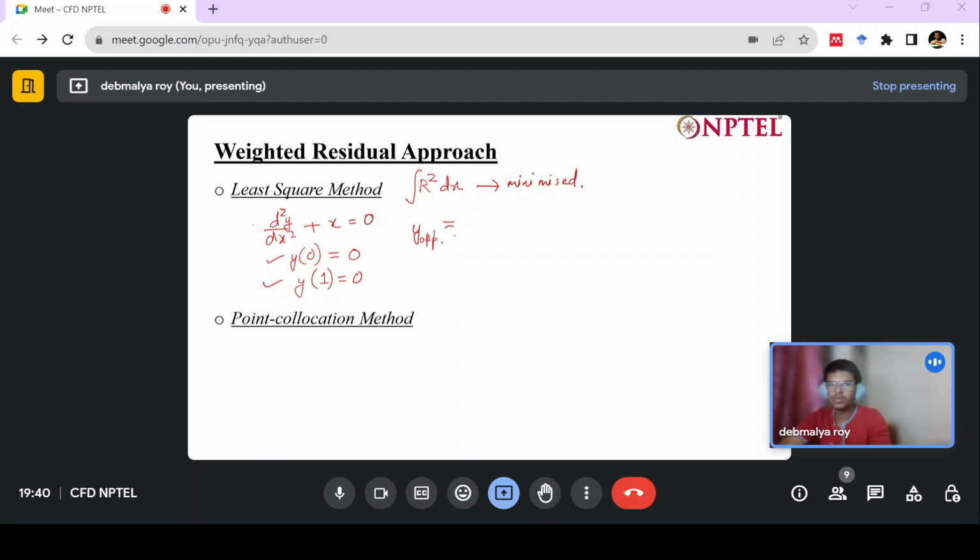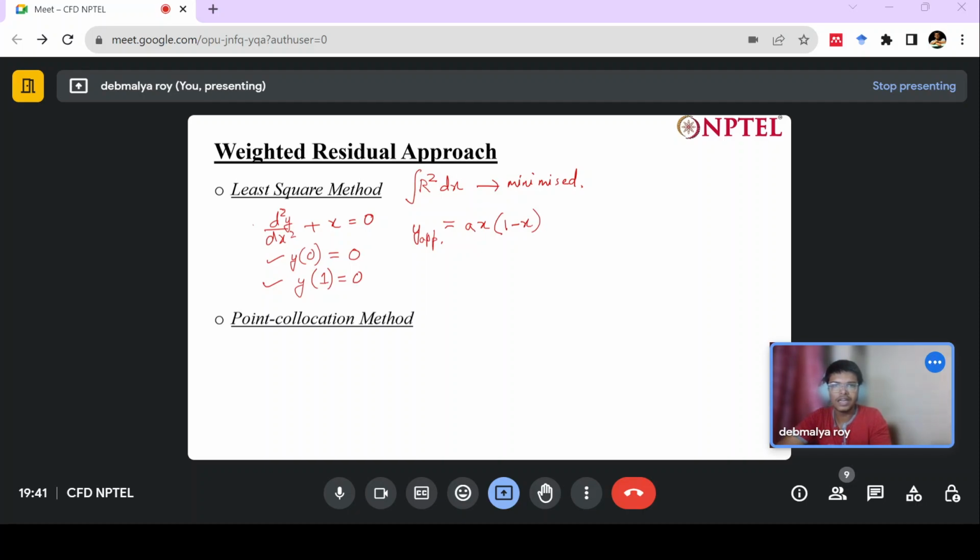So what can be a possible function? We'll come to designing trial functions in a bit. One particular function can be this into a. You can see if I put x is equal to 0, this is 0. If I put x is equal to 1, this is 0.